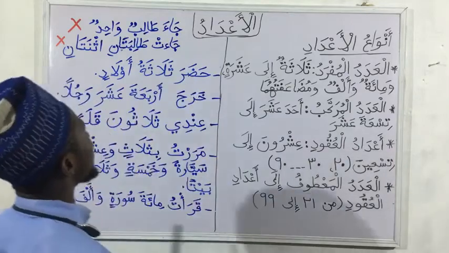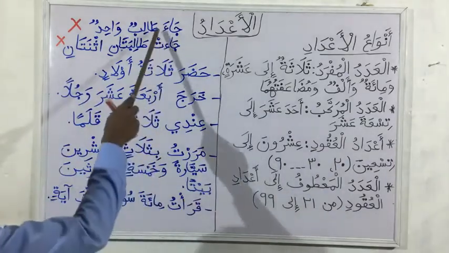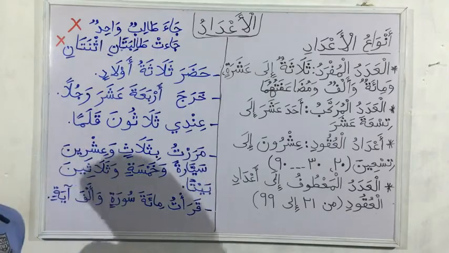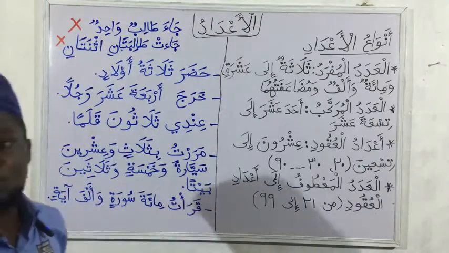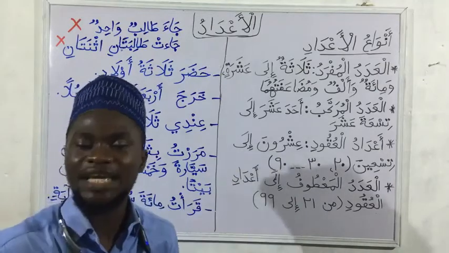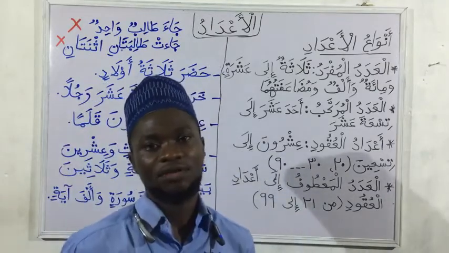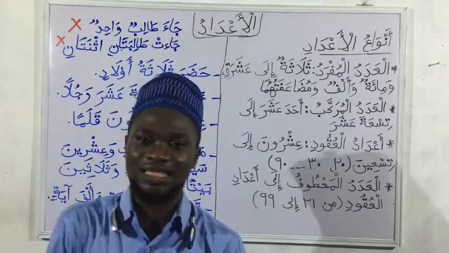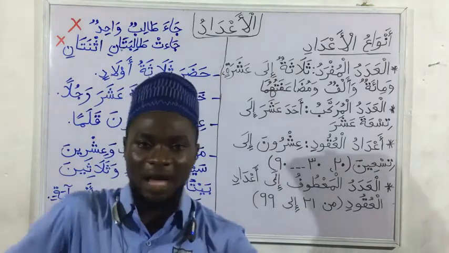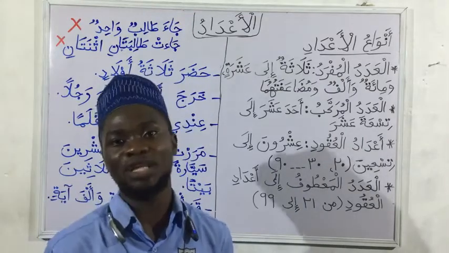Let's just take a look at an example. Ja'a talibun wahidun. If we say Ja'a talibun, talibun is a boy. So Ja'a talibun, a boy came. If we put wahidun to it, wahidun is just serving as an adjective there, just affirming that it is only one boy that came.